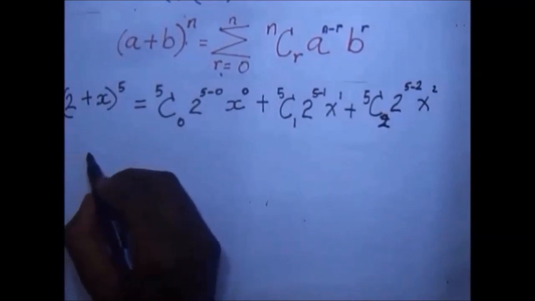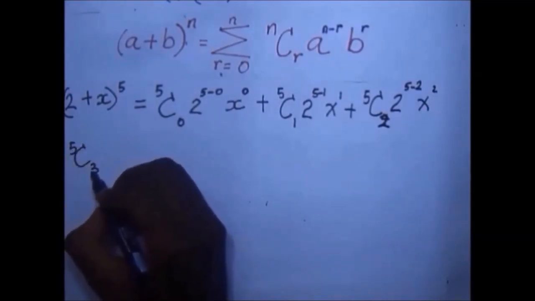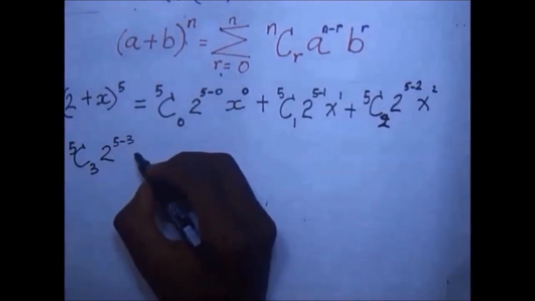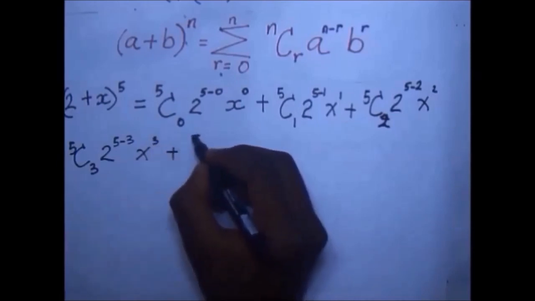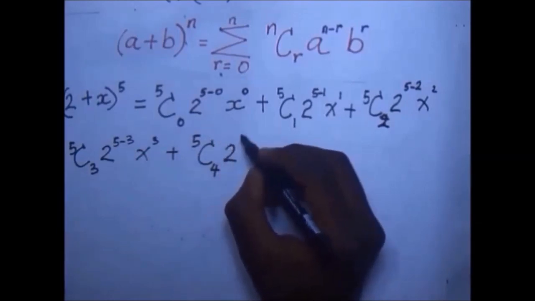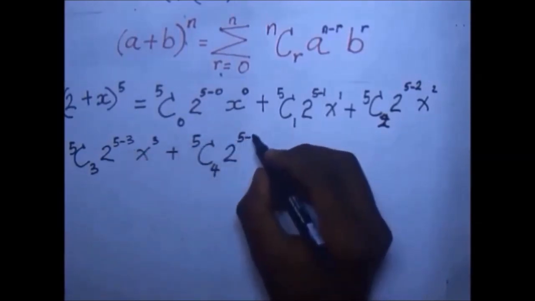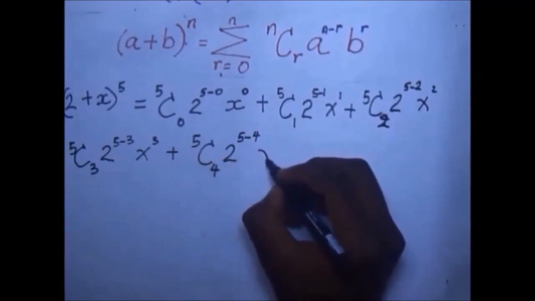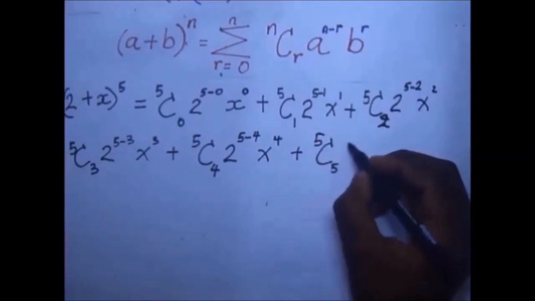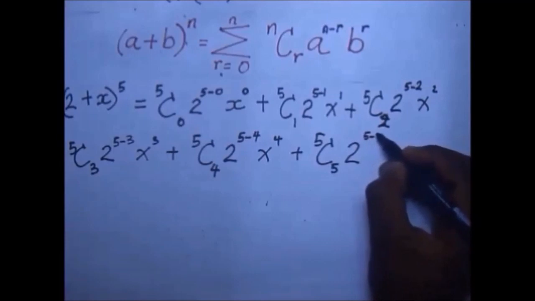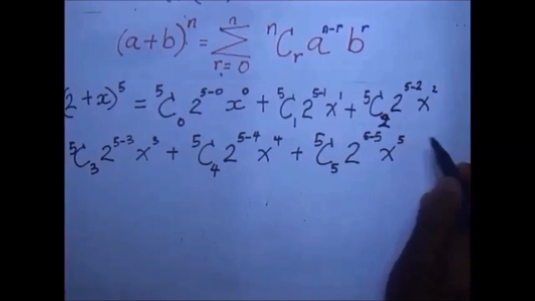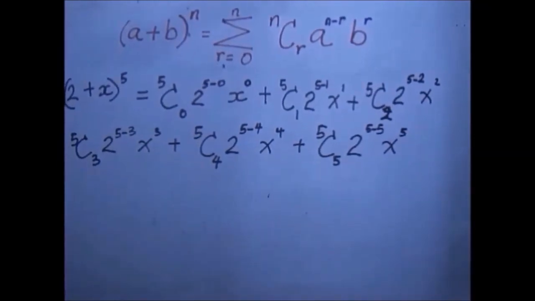We continue here, it's going to become 5 combination 3 times 2 to the power 5 minus 3 x cubed plus 5 combination 4 times 2 to the power 5 minus 4 times x to the power 4 plus 5 combination 5 times 2 to the power 5 minus 5 times x to the power 5.